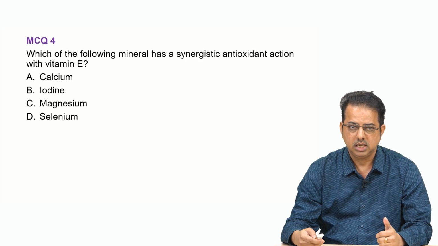So, the answer is selenium, because selenium is present in an antioxidant enzyme called glutathione peroxidase, which helps to neutralize the hydrogen peroxide. So, selenium along with vitamin E helps in the antioxidant action and neutralizes the free radicals. So, the answer for this is D.